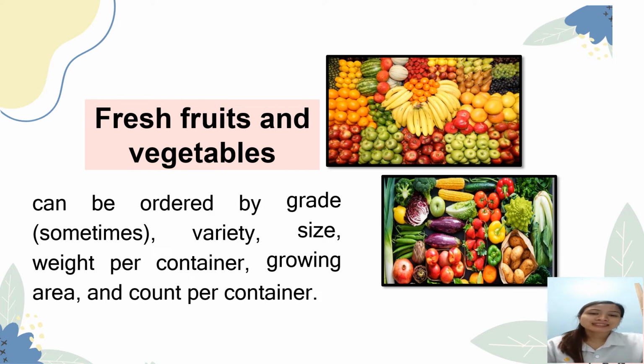Lastly, fresh fruits and vegetables can be ordered by grade, sometimes variety, size, weight per container, growing area, and count per container. Earlier it was per case, this one is per container. For example, in banana, there are a lot of varieties and sizes like senorita, lakatan, or latundan, and ripe or unripe.